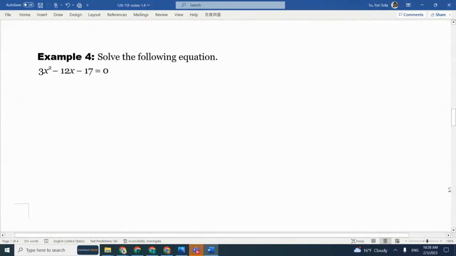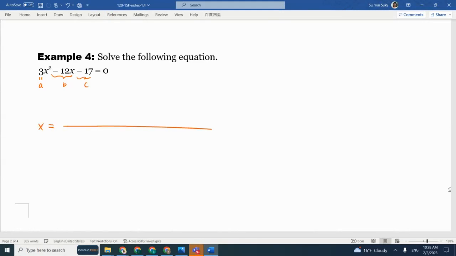All right. Now, this is what? A. Your B, be careful. Your B is negative 12. Okay? Your C is negative 17. Right, everybody? So, what's that? 12, negative B. B is negative 12, so negative B is 12. Right, everybody?